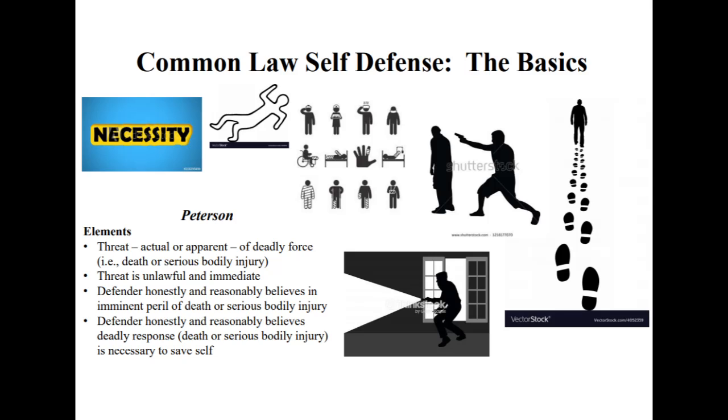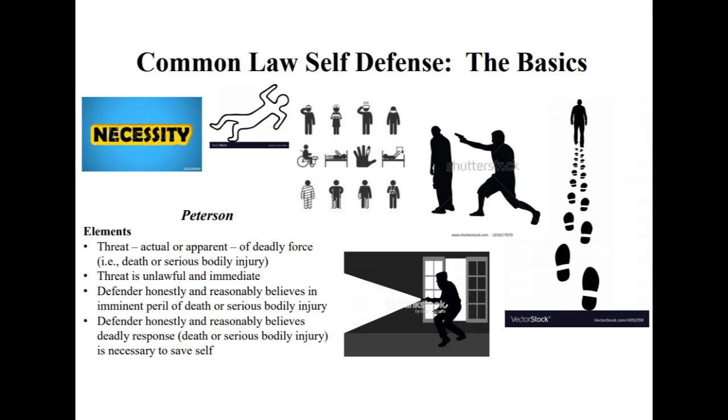Therefore, keep in mind that as we're walking through these basic elements and the limits, all of the underlying or undergirding theory should be necessity. So the doctrine should relate to necessity, and as we'll see later, the particular facts of the case as applied to the doctrine should reflect necessity.